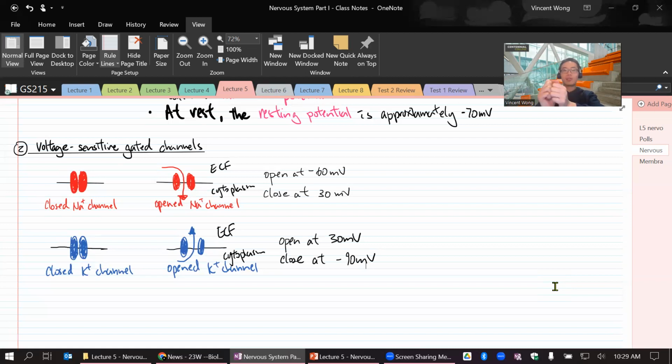Here's the thing to pay attention to. For both the sodium and the potassium channel, once they open and close, they will enter a refractory period. During this refractory period, they will remain shut no matter what. Even if you reach the triggering voltage again, they will not respond. During the refractory period, the channels are resetting themselves.